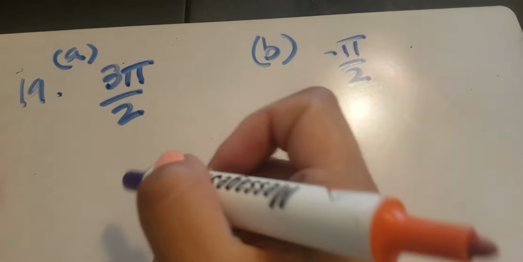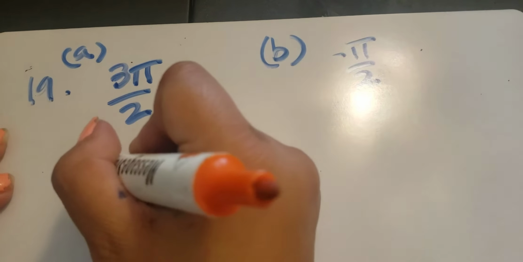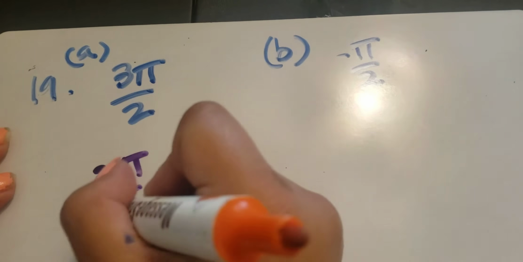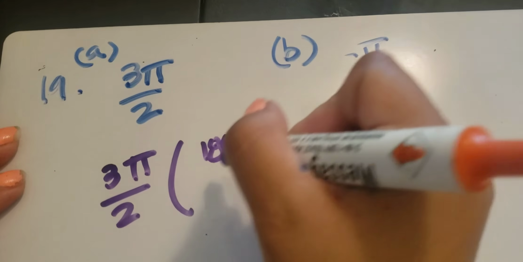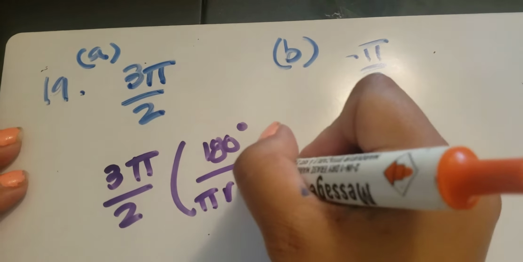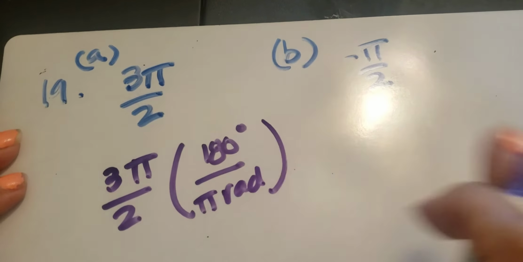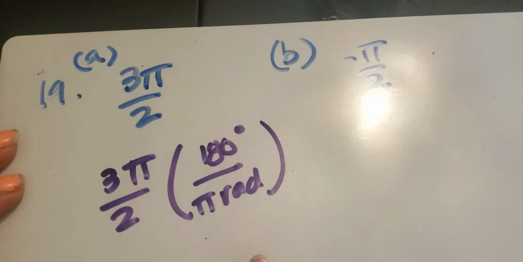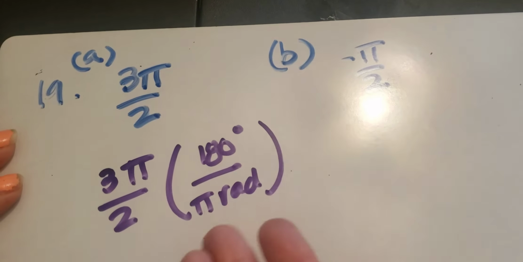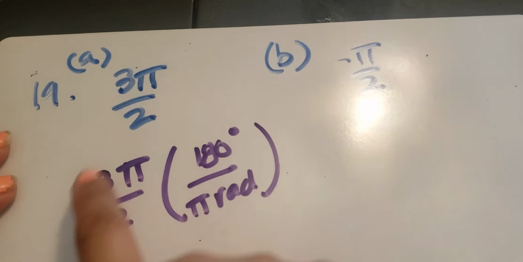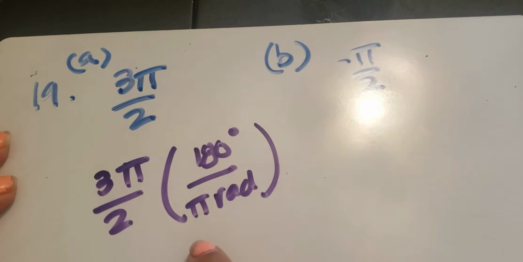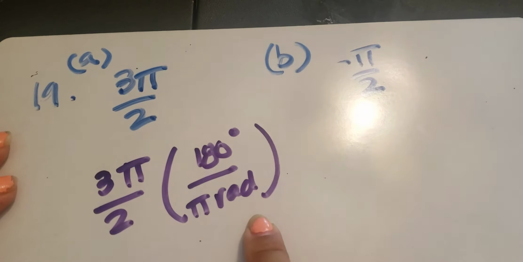So 3 pi over 2, we can rewrite this by multiplying our radians by 180 degrees over pi radians. I'm going to show you in the next slide how to convert these again, but here's a prelude to that.